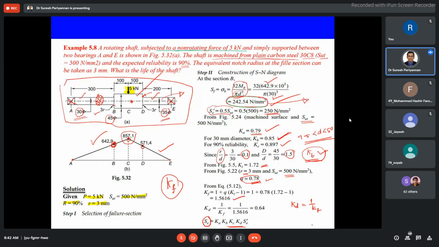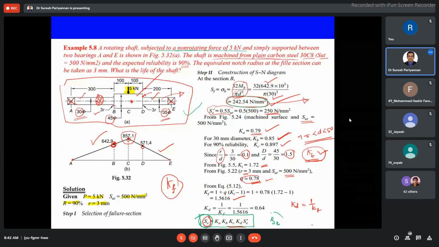This is the bending stress, the actual bending stress, right? But this is our endurance strength. When the material is going to have an infinite number of cycles, at the endurance limit strength, this is the stress amplitude, SE.